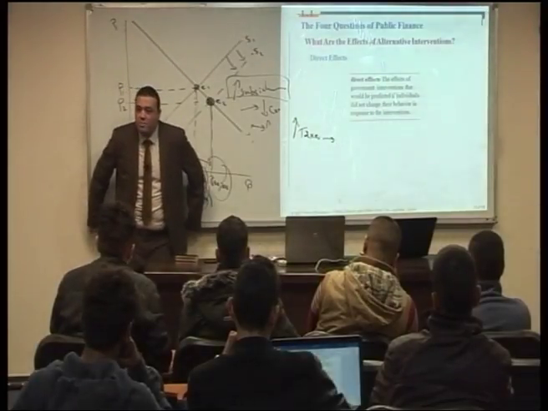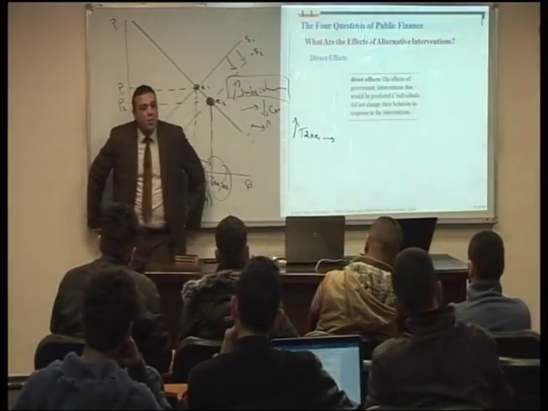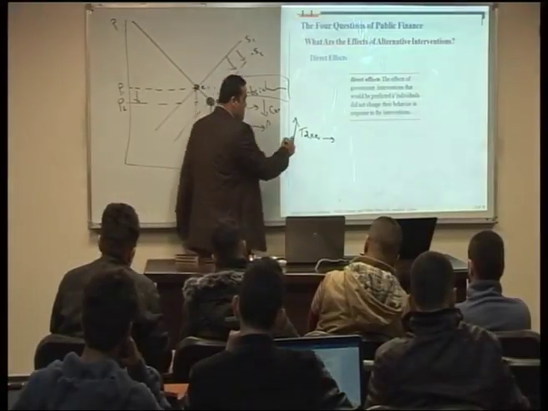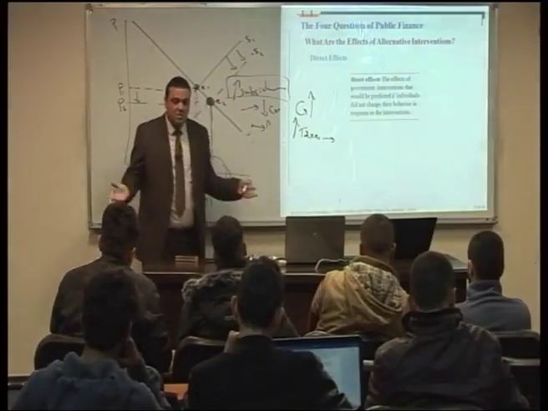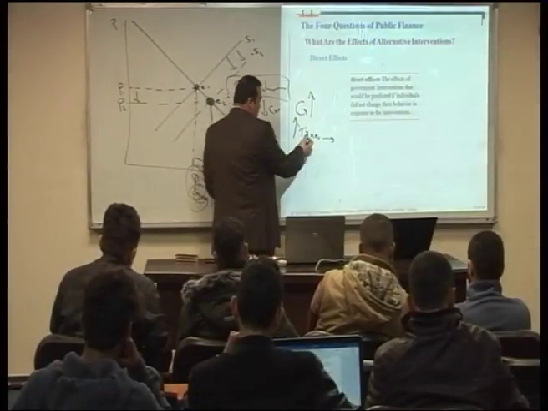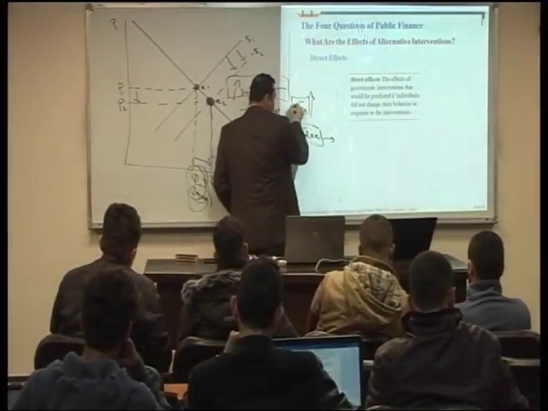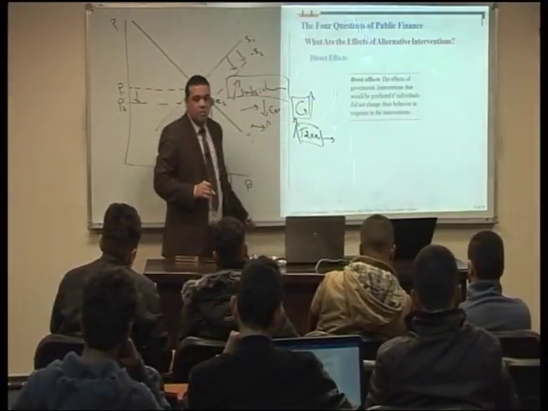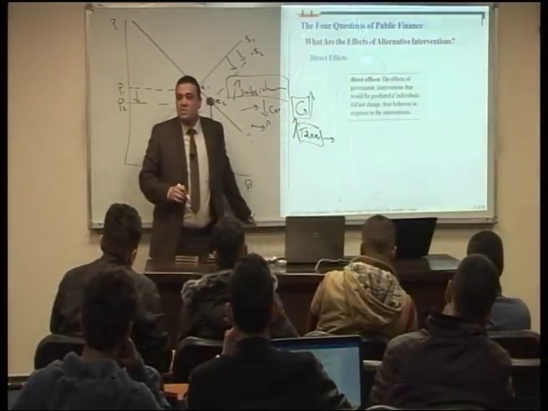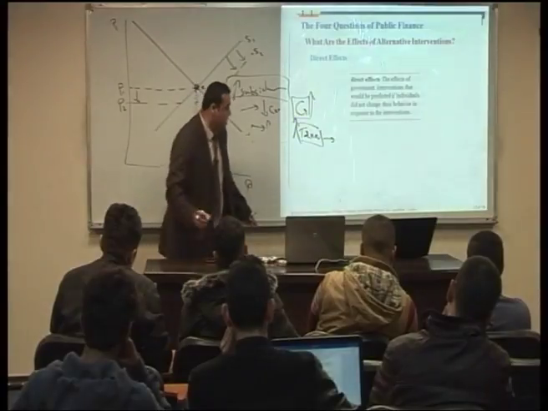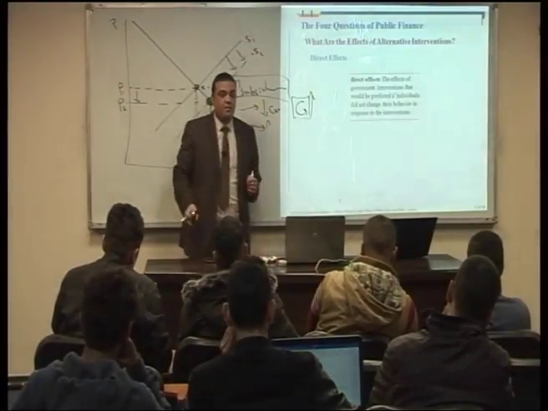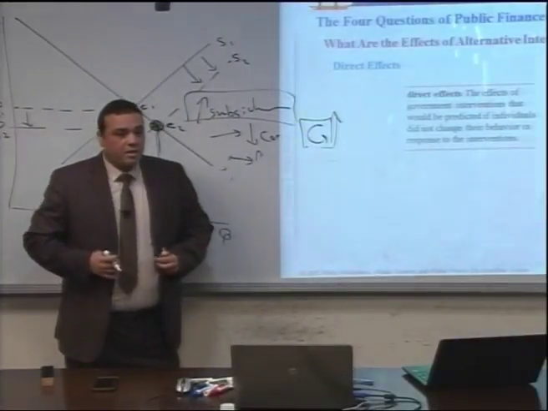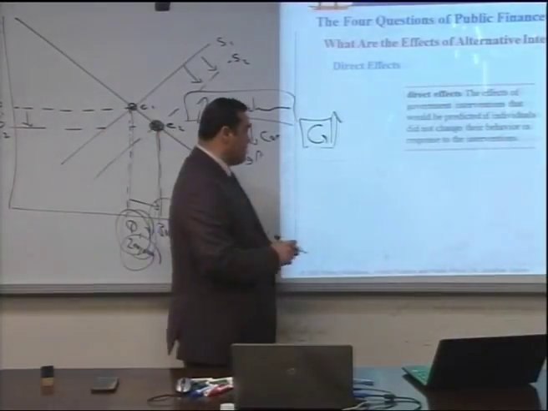Now when we talk about public finance, we are talking about government spending on different sectors, or taxes. Let us assume that the government decided to increase its spending. Increasing G. G is the government spending.